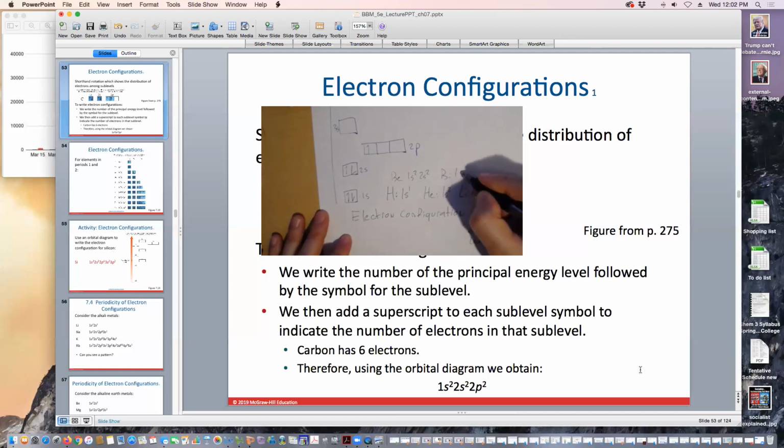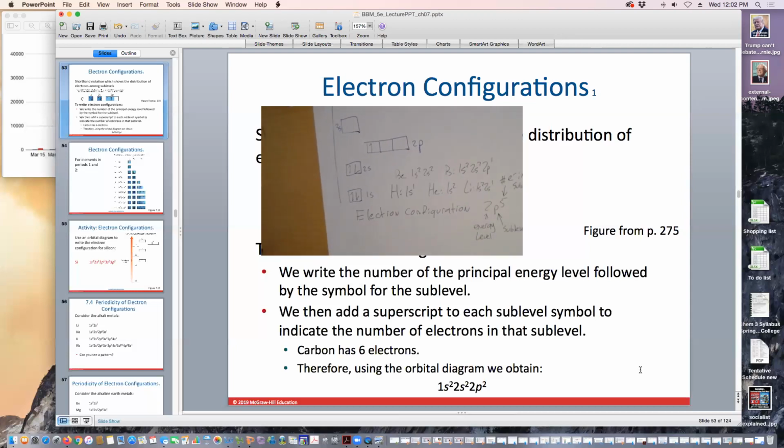So boron would be 1s2, 2s2, 2p1. There's also kind of a shortcut here: the total of the superscripts has to equal the total number of electrons, right? So boron has 5 electrons. 2 and 2 and 1 equals 5, yeah?